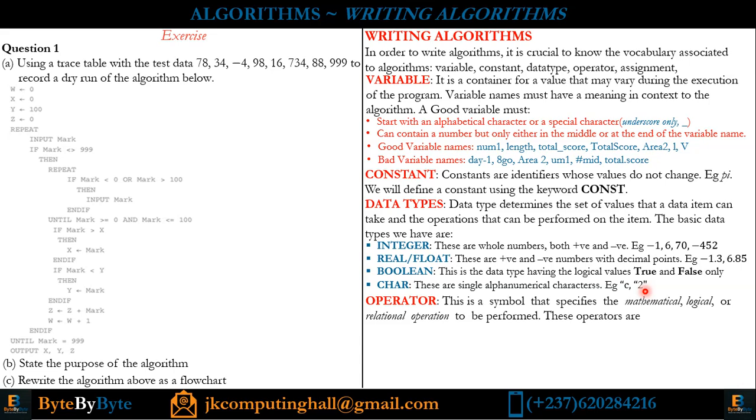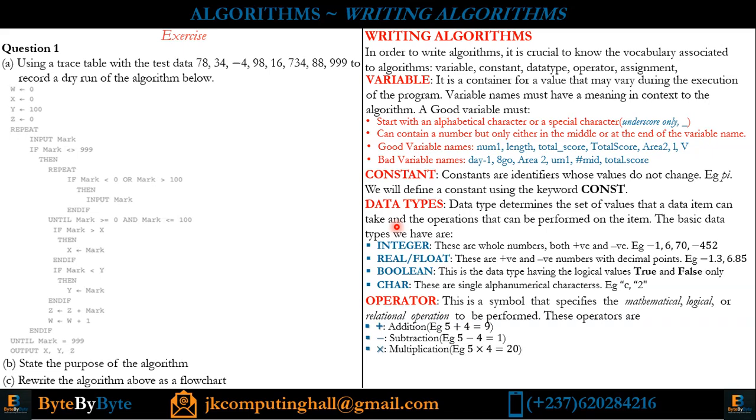Operator. This is a symbol that specifies the mathematical, logical, or relational operation to be performed. Remember that when we have operators, it is very important to know on which data type they can be applied. Some of these operators: we have the addition, as you can see, 5 plus 4, 9. We have subtraction, 5 minus 4, 1.